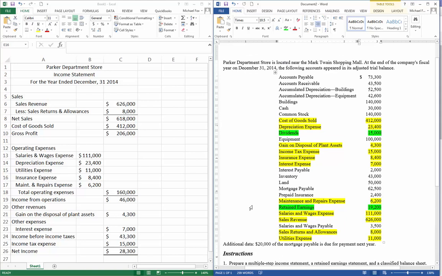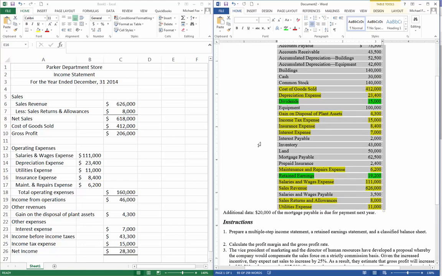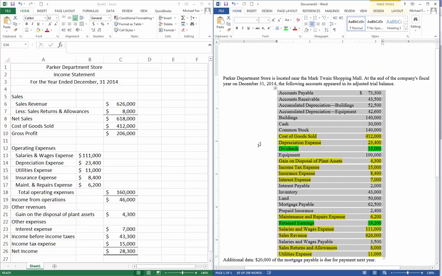It says at the end of the company's fiscal year, the following accounts appeared in the adjusted trial balance. So it doesn't tell us what the retained earnings were. Well, you know what, though?